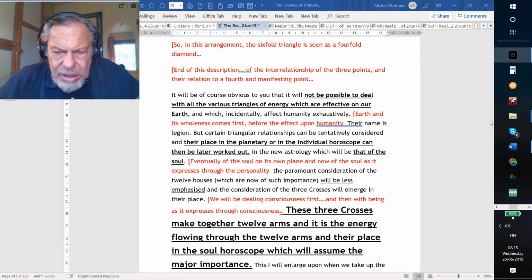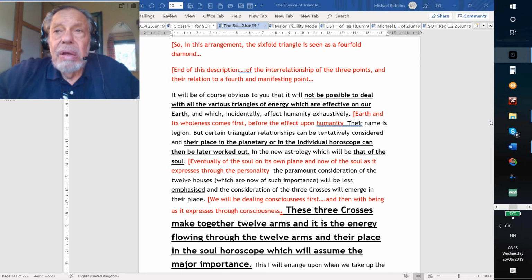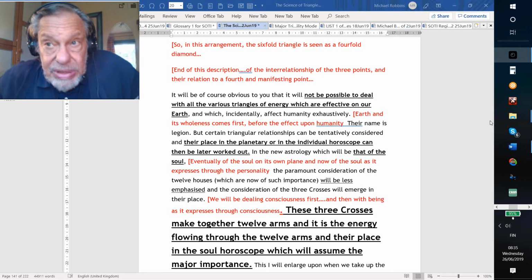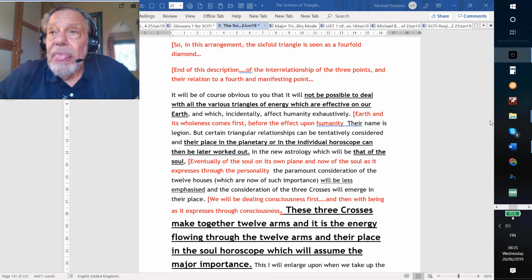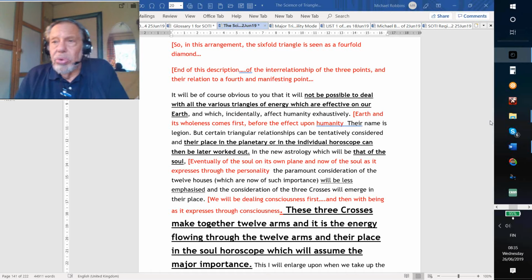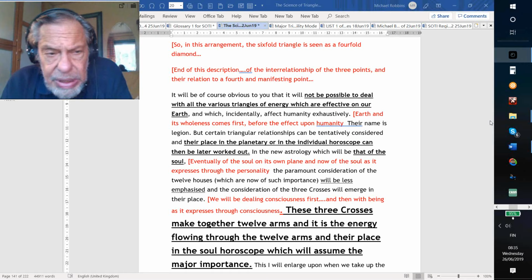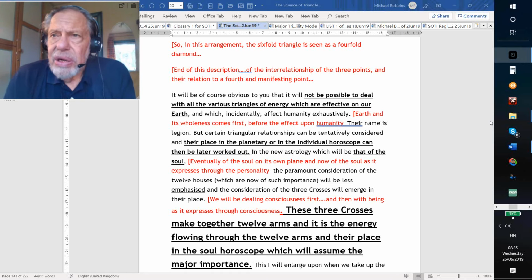But I'm thinking that for the average non-aspiring type, we can't really abandon the houses, and he actually does go through quite a bit about the houses, and he asks us to work out that whole thing, which we always did in our esoteric astrology classes.